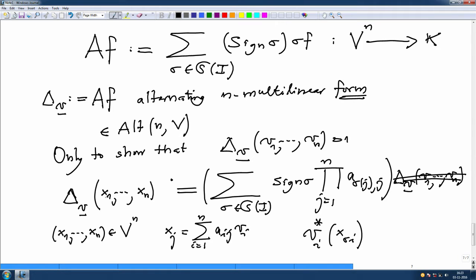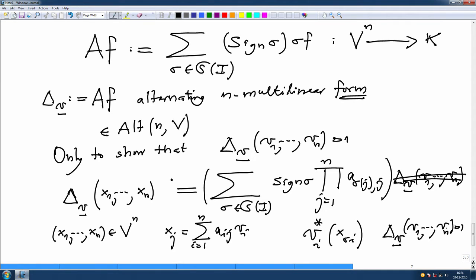In particular, when you put x1 equal to V1, and so on, xn equal to Vn, we will get delta V evaluated at V1 to Vn equal to 1. Because in that case these aij's are diagonal, 1, 1, 1, 1, 1, this sum will actually be 1, because they will be only once on the diagonal and everywhere else it is 0.